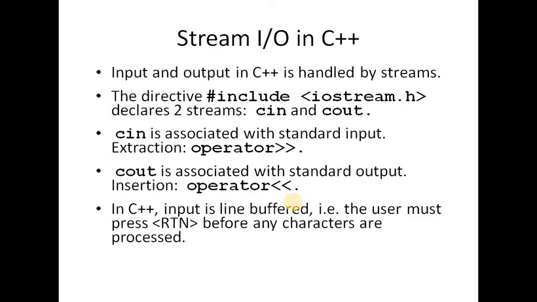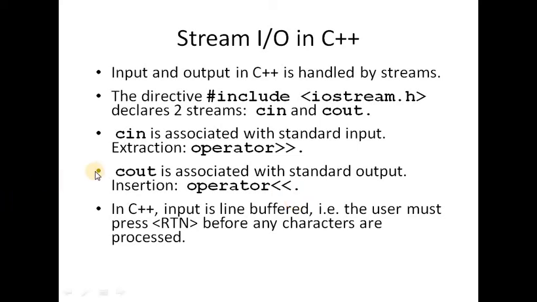We denote input and output as cin and cout. Input and output operators, like the extraction and insertion operators, handle input and output in C++ through streaming. The directive #include <iostream.h>, input output stream, where h means header file, declares two streams, cin and cout.